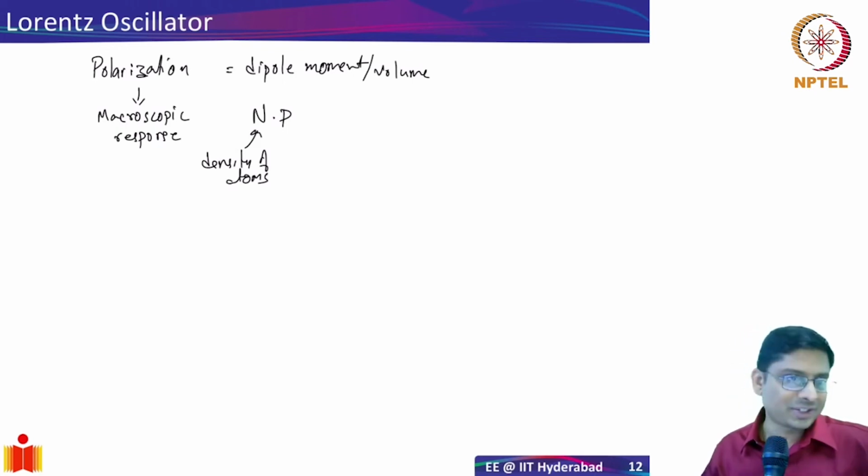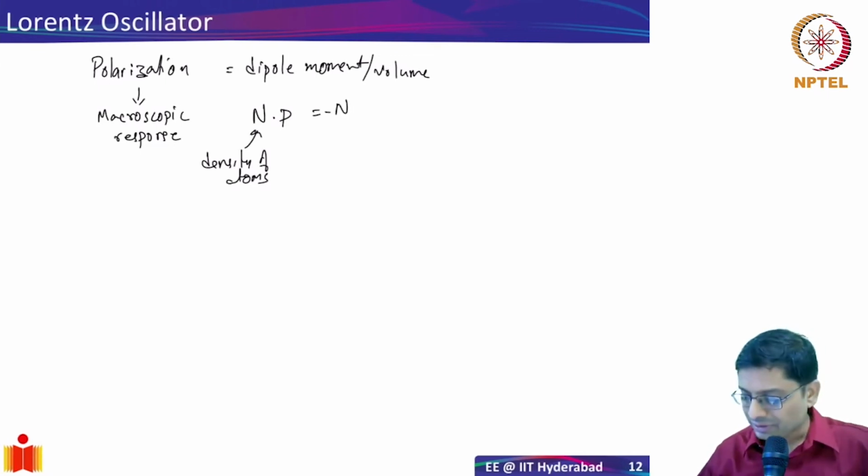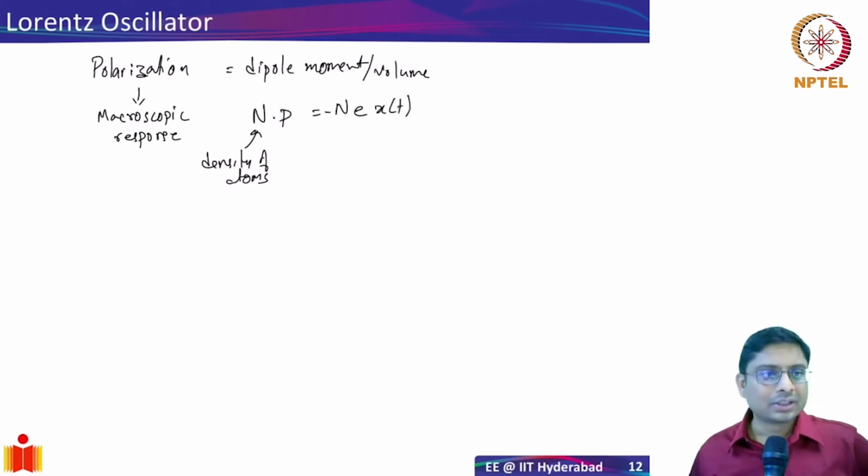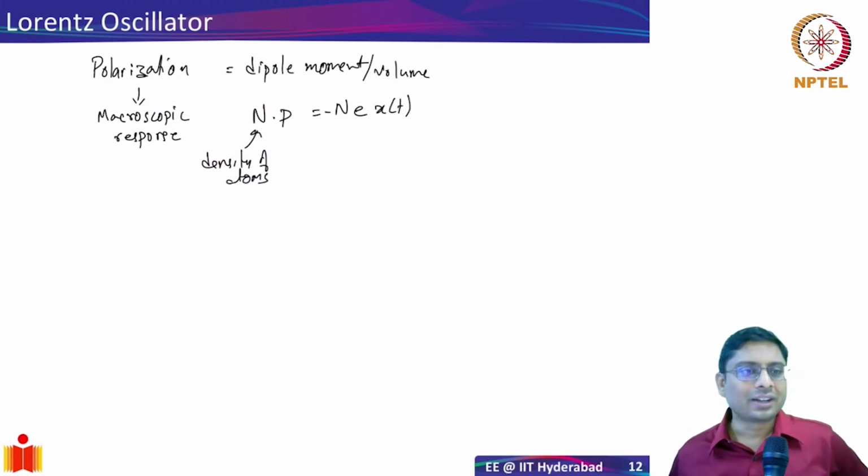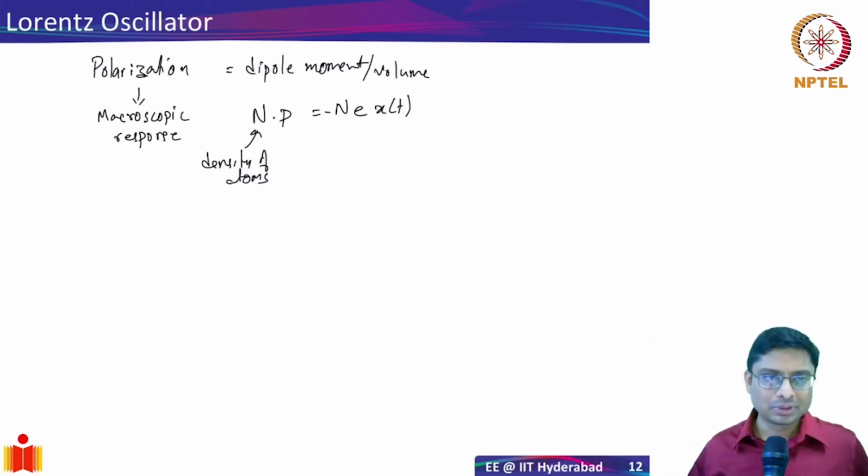Dipole moment is simply charge times a distance, right? So this is going to be simply n. If I'm talking of electrons, I'm going to use a negative charge, so minus N e x of t. So what we have, the oscillator is essentially a dipole. And what is the dipole strength? The strength is proportional to the displacement, right? Dipole moment is charge times the distance.